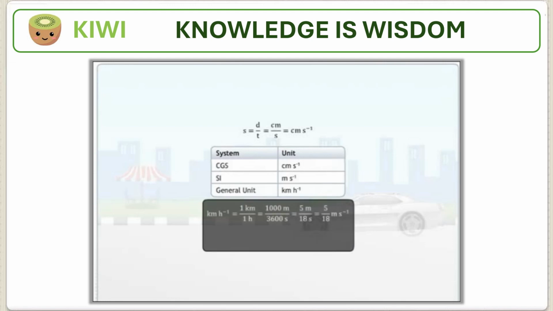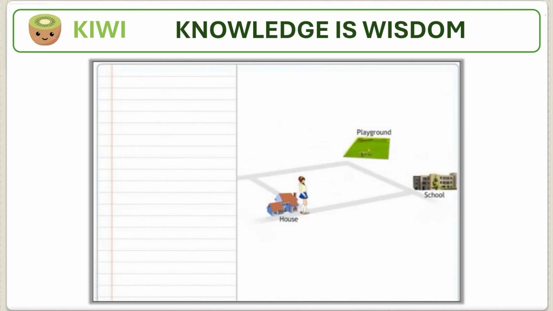1 kilometer per hour equals 5 divided by 18 meters per second, or 1 meter per second equals 3.6 kilometers per hour. Let's try applying this formula to one of the situations we reviewed earlier.